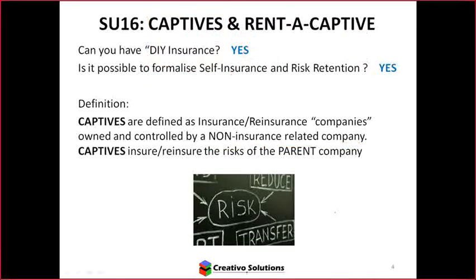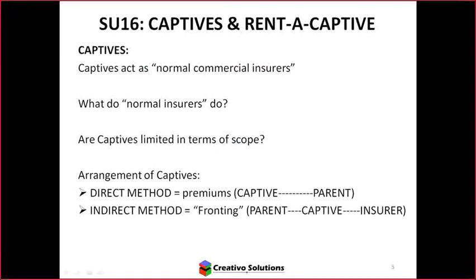That's the theory. Captives act as normal commercial insurers. So what do normal commercial insurers do, Melanie? They collect premiums every month. And do they do a risk assessment? Yes, that's underwriting.